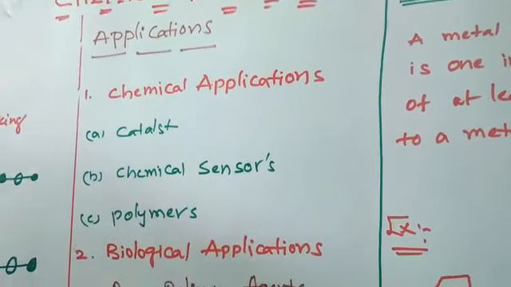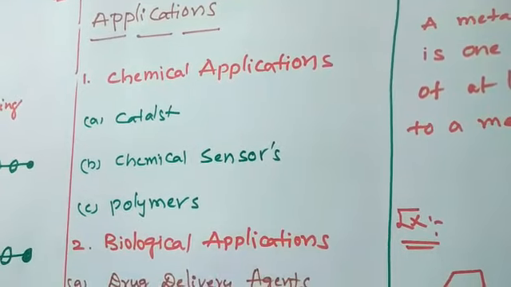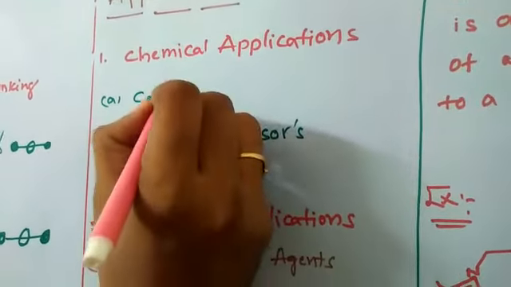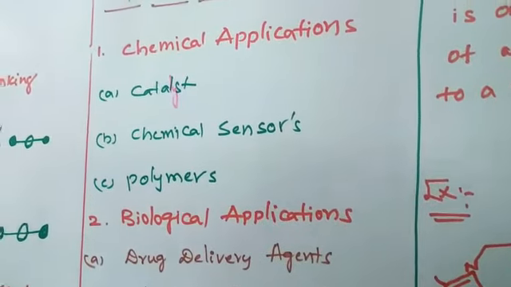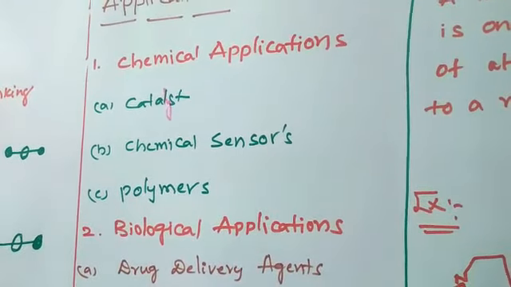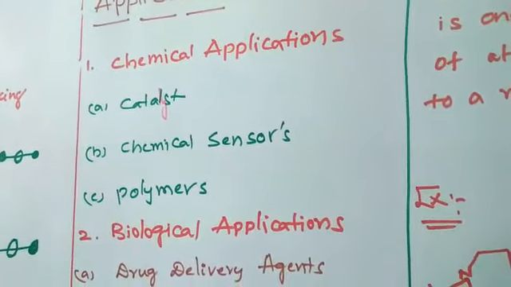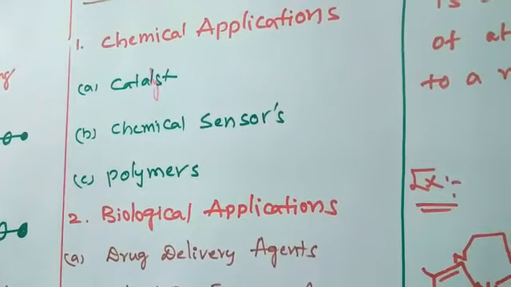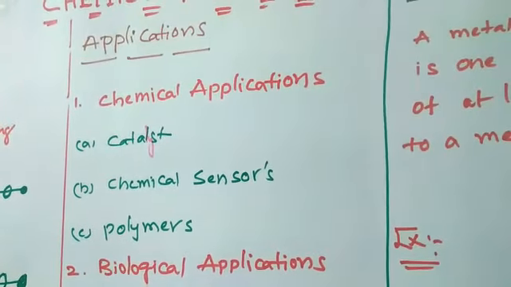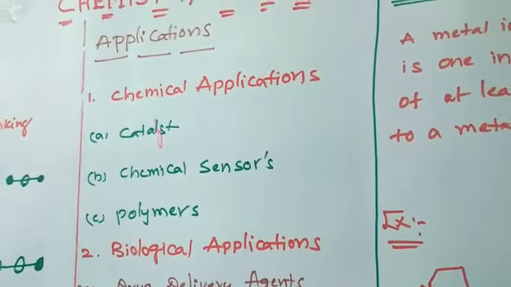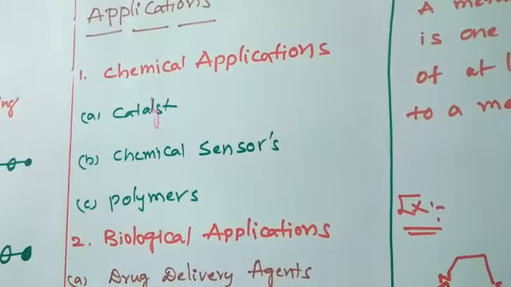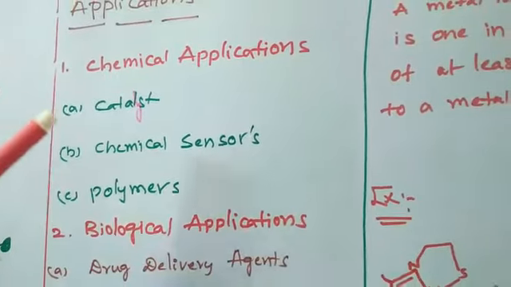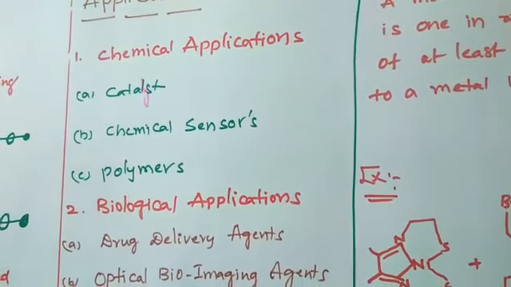Rotaxanes are used as catalysts. When they are added to a chemical reaction, the speed of the reaction increases twice or thrice, and they can form a zwitterion when added to the reaction.